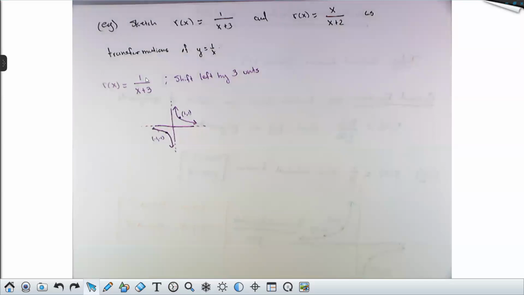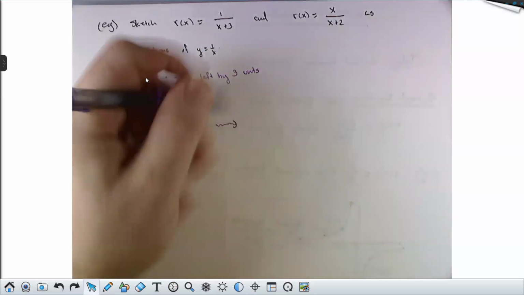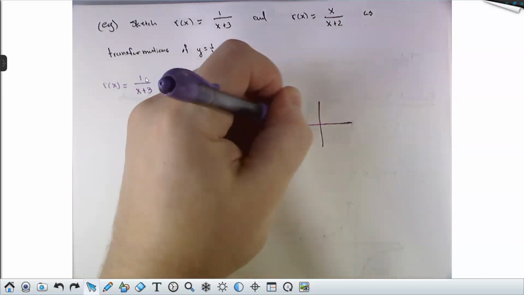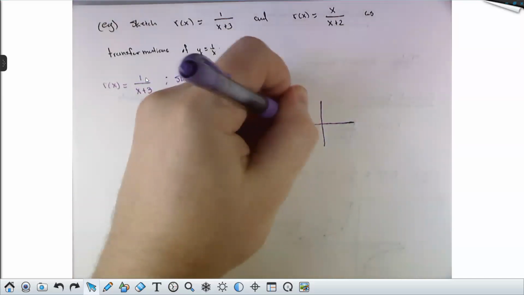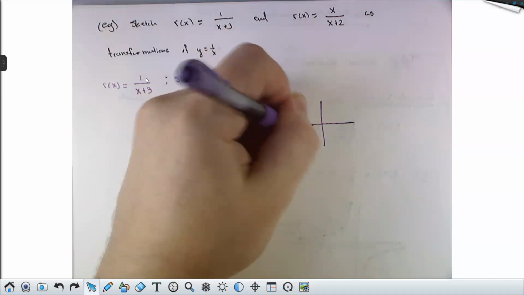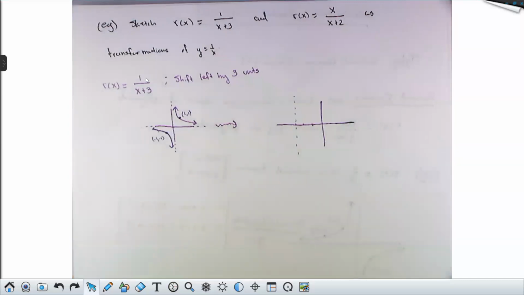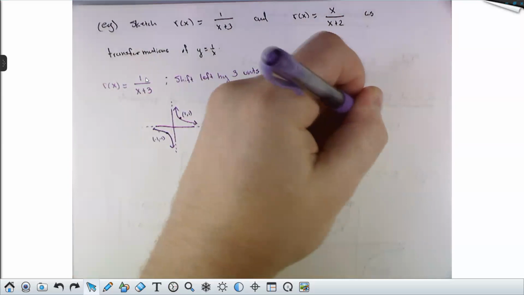And I shift everything to the left by 3 units. So I'll mark off here 1, 2, 3. And I draw in that vertical asymptote. When I shift that whole graph to the left 3 units, the vertical asymptote comes with it. The horizontal asymptote isn't going to move because I'm not moving anything vertically.